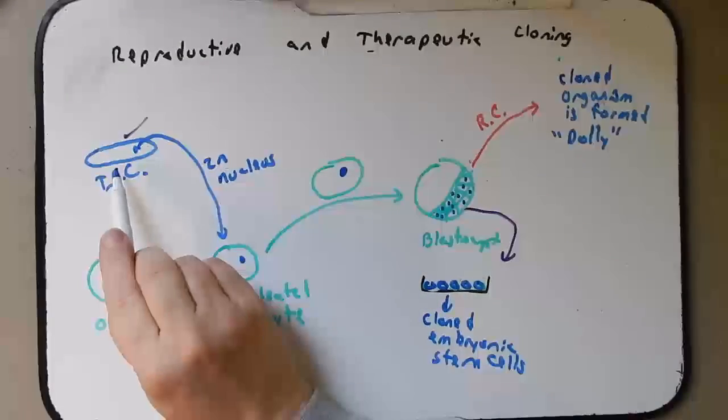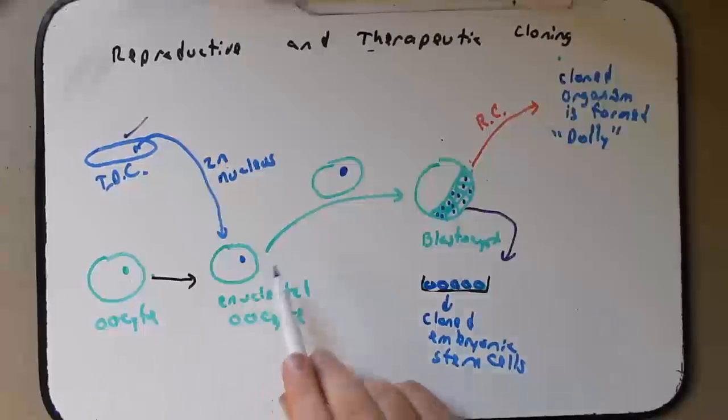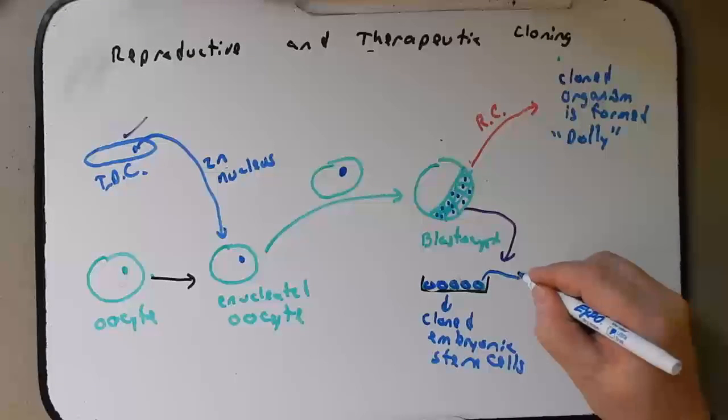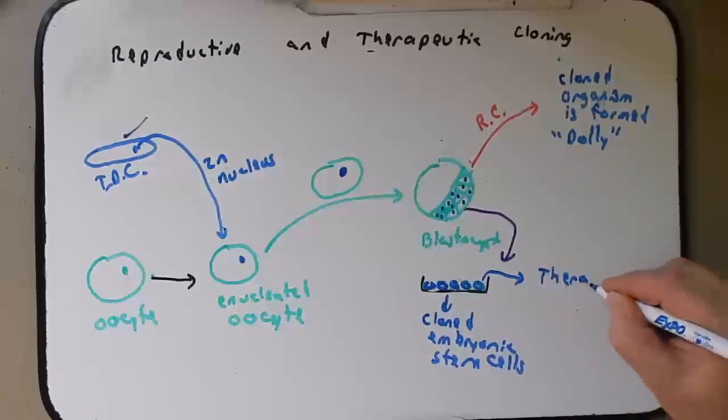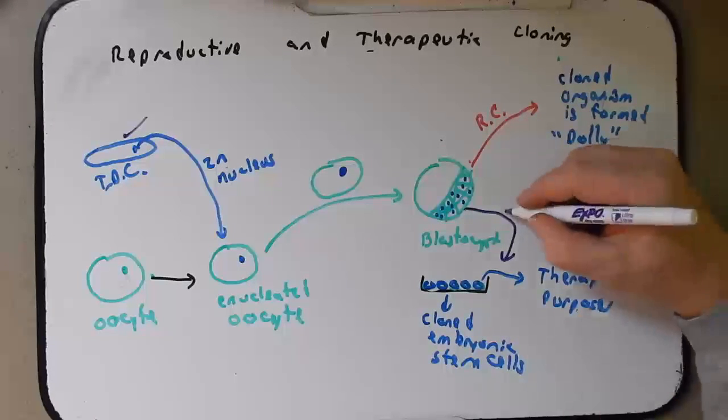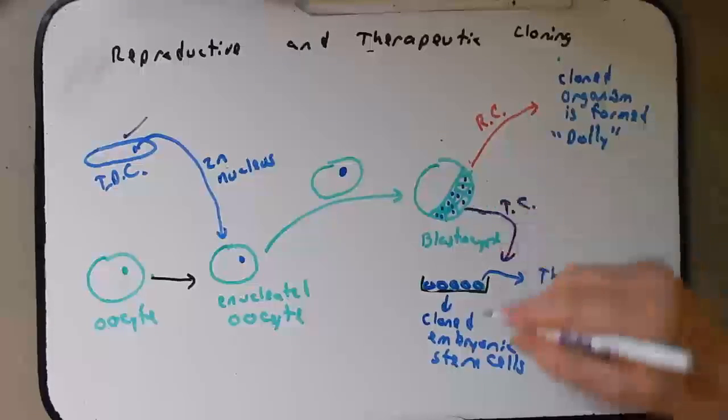They no longer look like this terminally differentiated cell. They've been reprogrammed, and we can grow them in a petri dish outside of the body. Ideally, these cells can be used for therapeutic purposes to potentially treat certain diseases in the future. I should have written therapeutic cloning on this line.